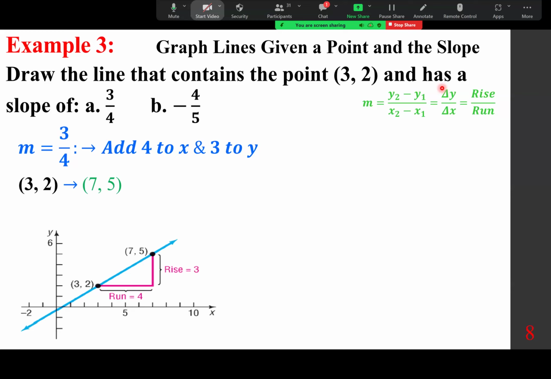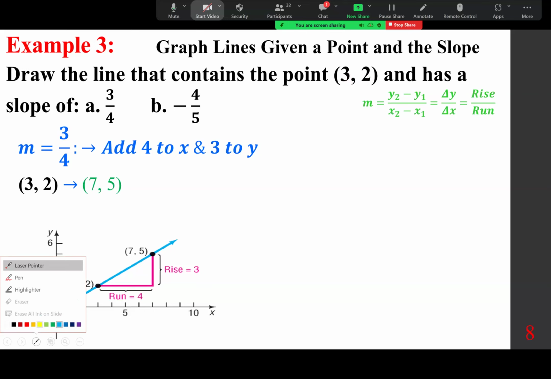Now, just for the sake of argument, you could say, instead of adding, I'm going to subtract. So you can say m is minus 3 over minus 4. Just make sure you put the negative sign on both. In which case, the top, instead of being added to 2, can be subtracted from 2.